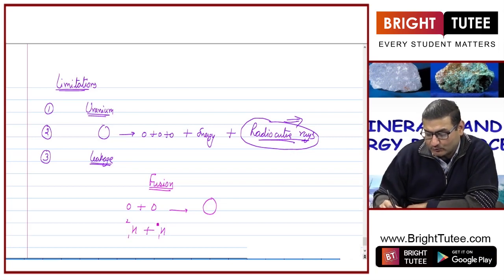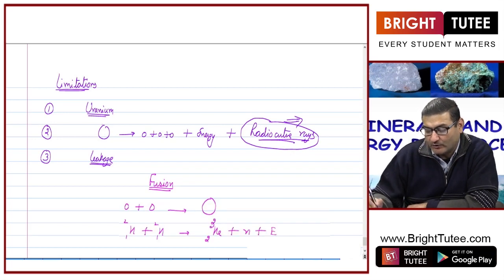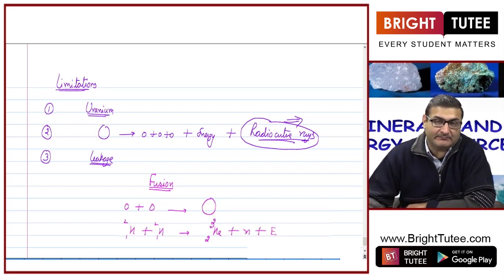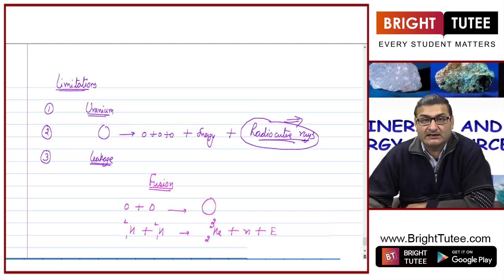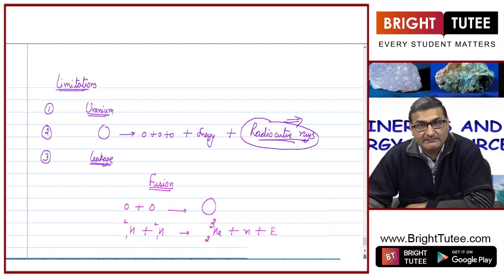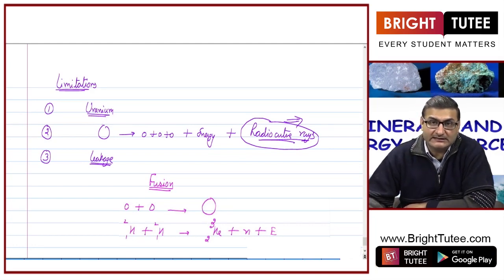These two hydrogen nuclei are joined together to form one helium atom. This process is taking place in the sun and in all the stars, and the amount of energy liberated we are already aware. In the sun, the source of the sun's energy is the nuclear fusion process taking place.